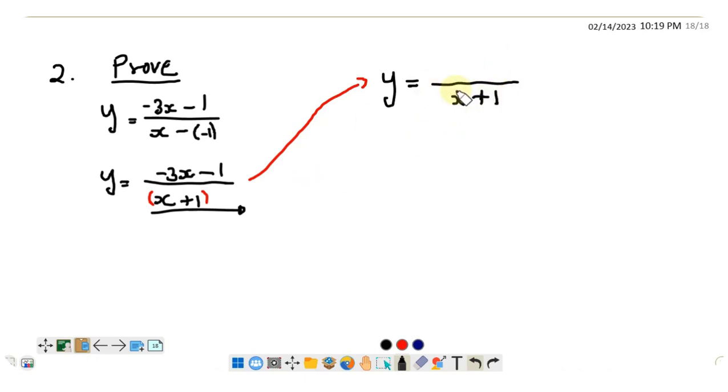Now we need to have this term x plus 1 on the numerator. So where you see x on the numerator, we represent it as x plus 1.